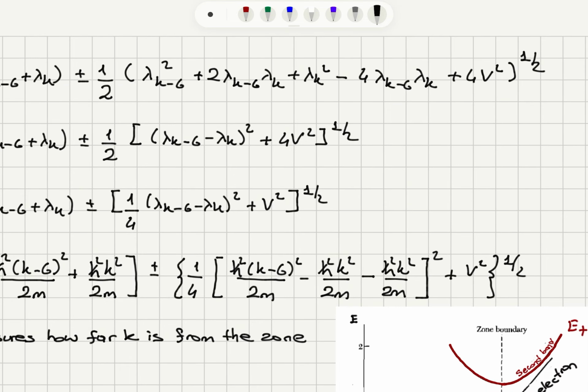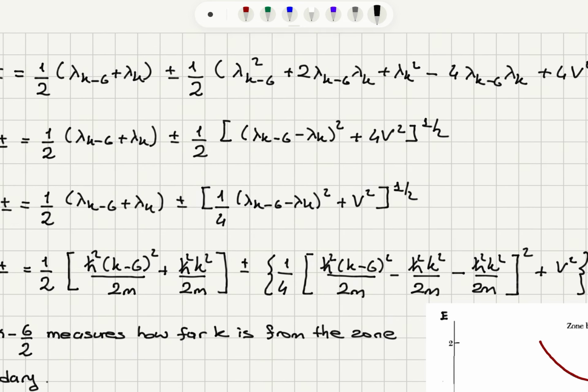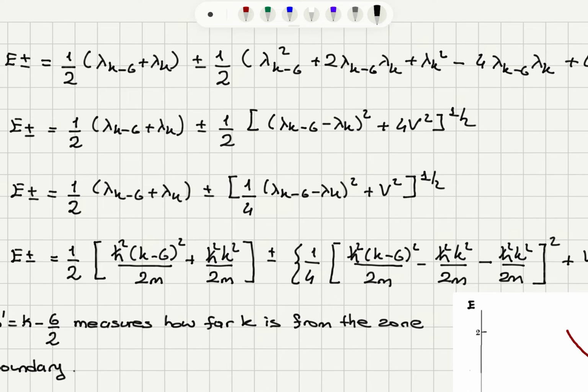So that's what I have here in the square root. I can see that minus 4λ_{k−G}λ_k plus 2λ_{k−G}λ_k will give me a minus 2λ_{k−G}λ_k, which will basically correspond to (λ_{k−G} − λ_k) squared plus 4V².